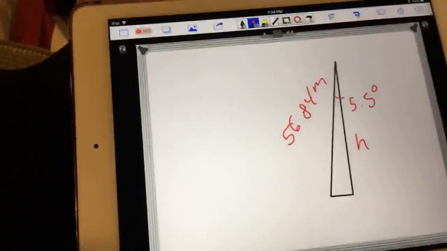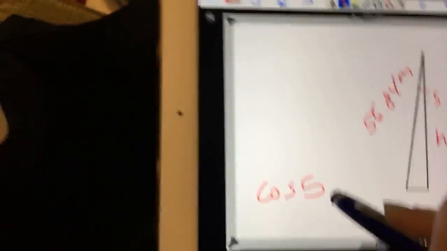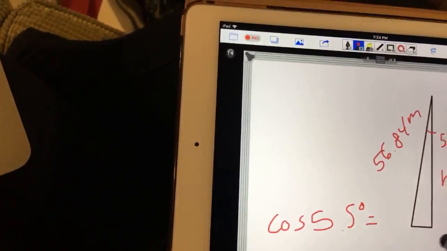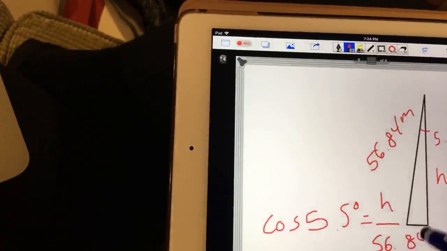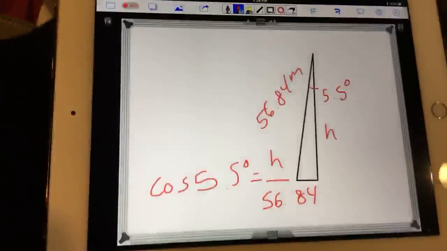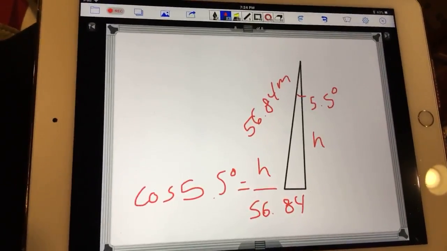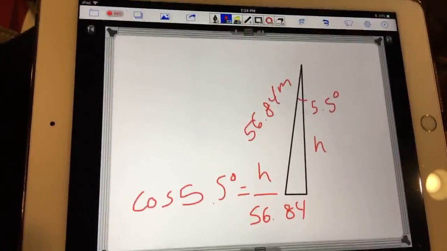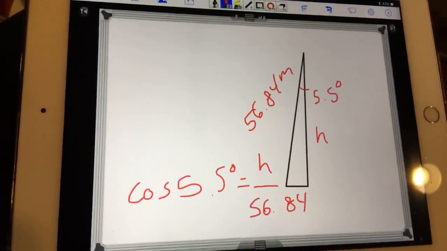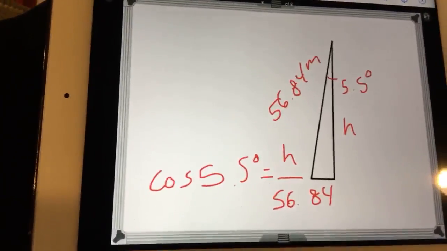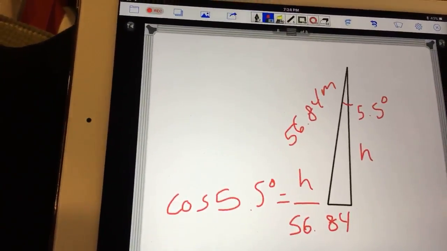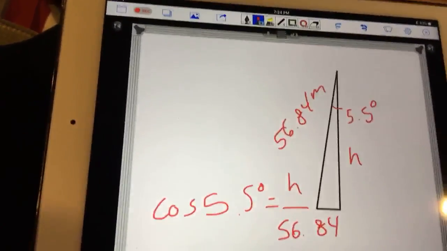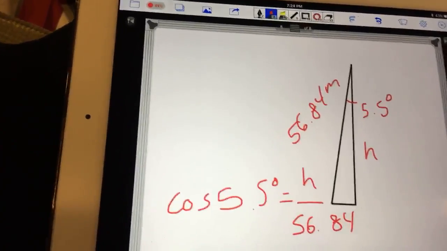So that's going to be cosine. We're going to have cosine of 5.5 degrees equals H over 56.84, okay? So then you would solve for H, and that would give you the height that the tower was before.